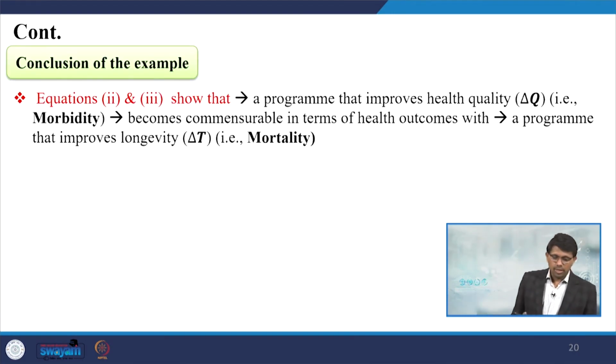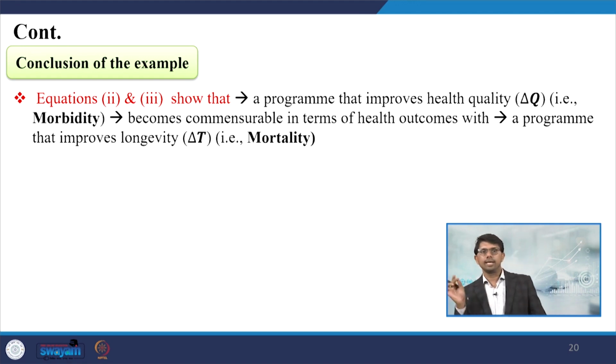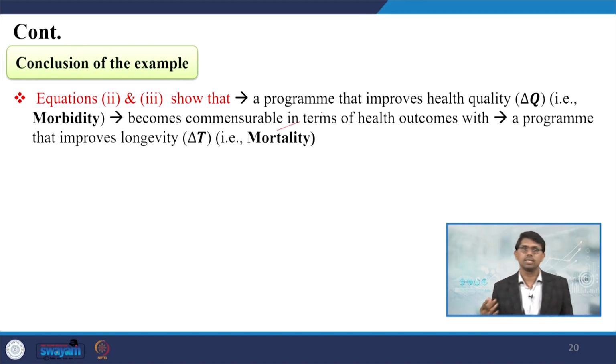Hence, what we conclude from this example is that a program that improves health quality, that is delta Q, in terms of morbidity, whereas delta T is in terms of mortality, becomes commensurable in terms of health outcomes with a program that improves longevity, that is delta T, which in the most cited case is referred to as mortality.